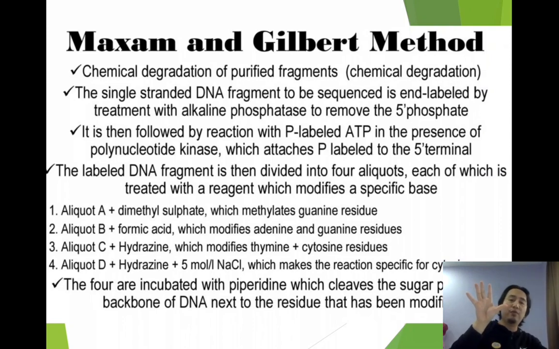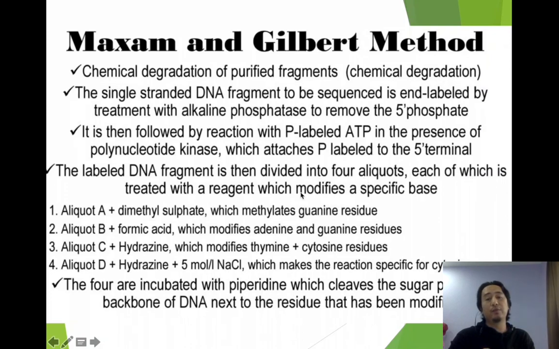So first it removes the normal phosphate, then we add the labeled phosphate group, P32. The labeled DNA fragment is then divided into 4 aliquots, each of which is treated with a reagent which modifies a specific base.